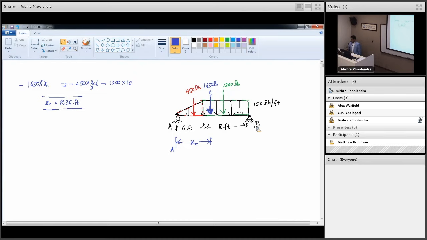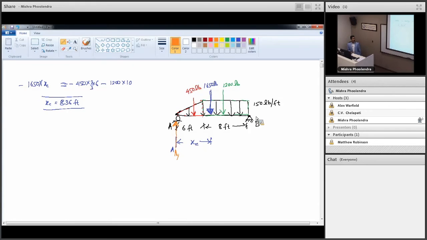All right, another case which is also useful, say if you wanted to find the reactions at supports A and B in the same problem. What would happen at support A? What type of reaction is going to happen? Just one reaction, right? Let's call that AY, since it is a roller support.